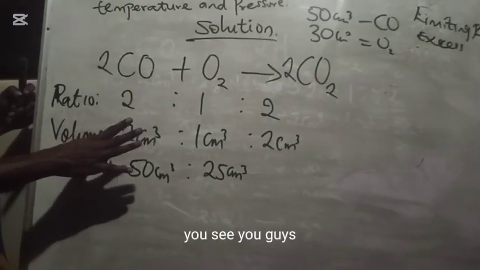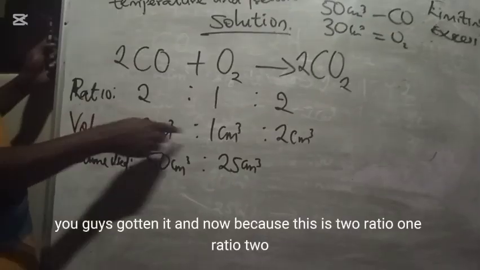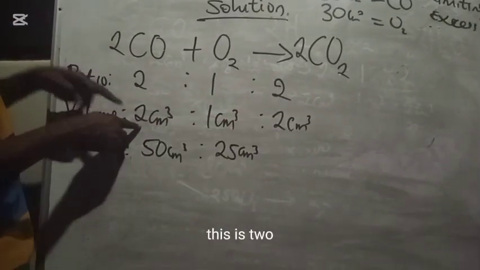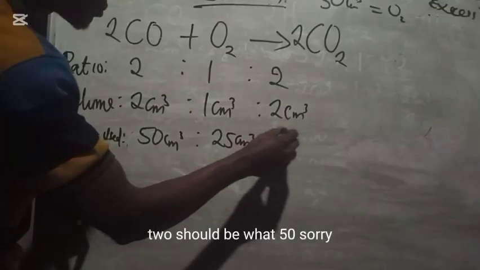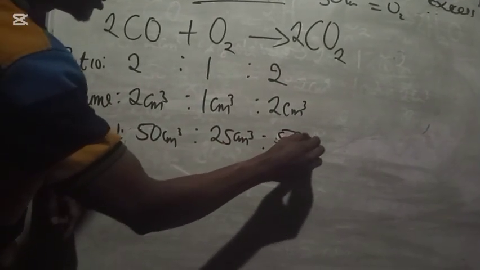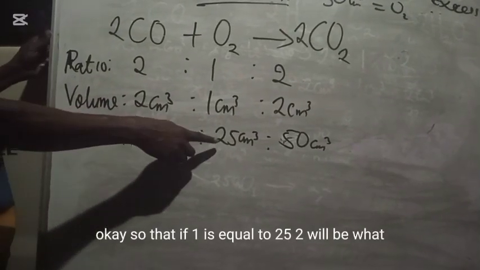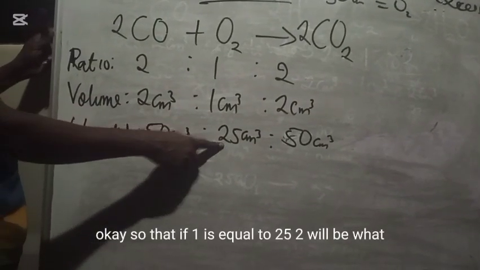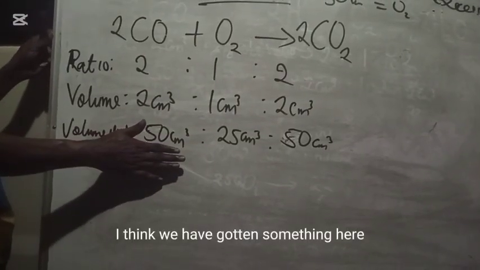You see, you've gotten it. And now, because this is 2 ratio 1, this is 2, it means that this other one should also be what? 50. So that if 1 is equal to 25, 2 will be 50. I think we have gotten something here.